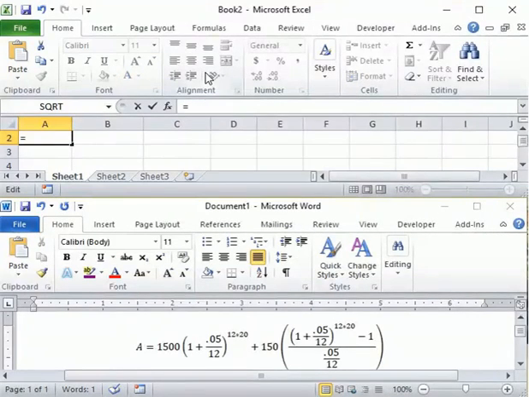Start with the equal sign since we want it to do these calculations. I probably don't need any extras to start off with. That 1500 should be good. Parentheses around this. 1 plus, but now I've got this situation where I have a fraction. Fractions are just division. I want to make sure it's doing that division first.